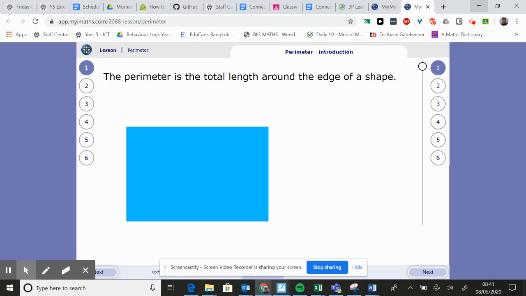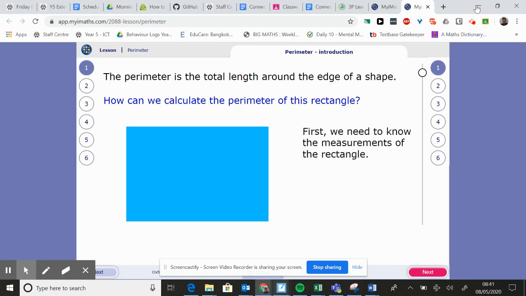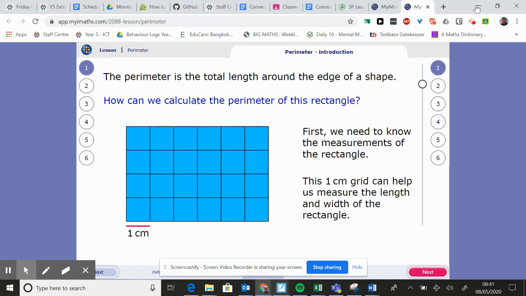So here we go. The perimeter is the total length around the edge of a shape. This is how we calculate it. First we need to know the measurements of every single side of the shape. In this instance, we're just keeping it simple with a rectangle. Here you can see the length being measured.